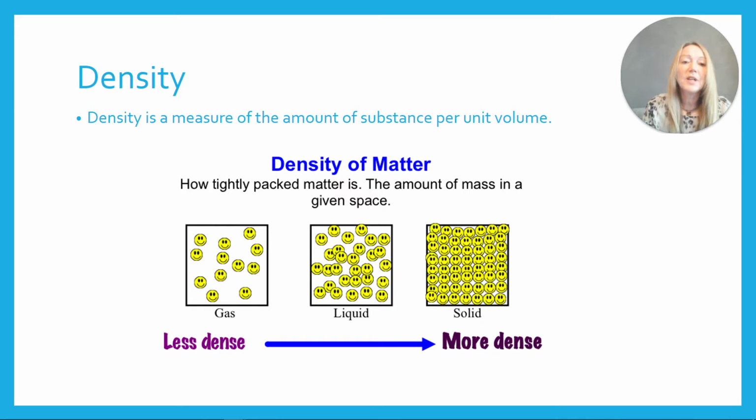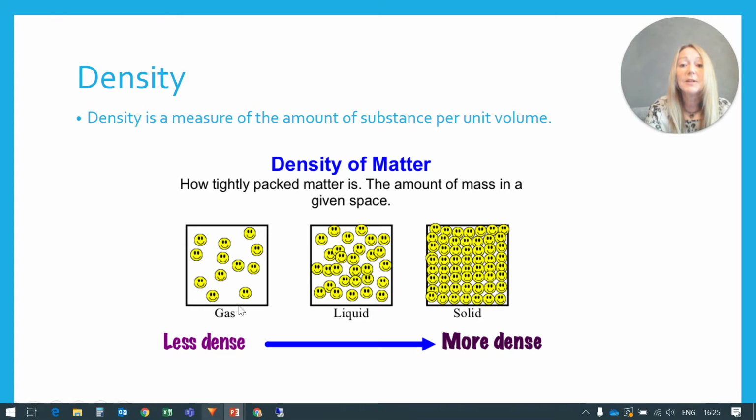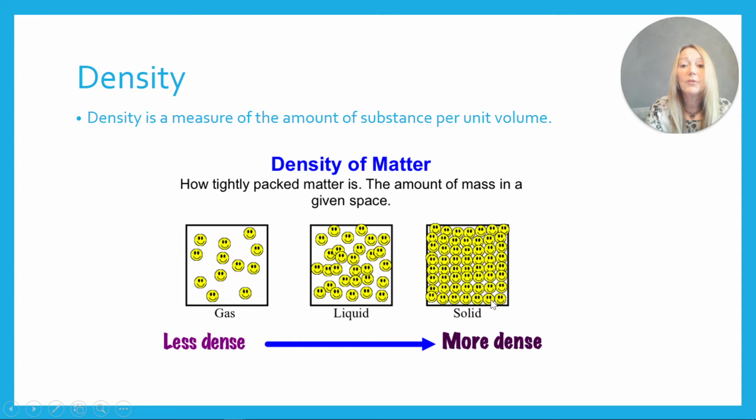So the definition of density is a measure of the amount of substance per unit of volume. In other words, how tightly packed something is, how many particles there are in a given space. If we look at a solid, a liquid and a gas, we can see that in a solid we have lots of particles in the same space, and those particles are really close together, and so that makes it more dense.